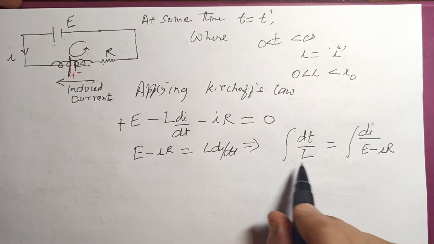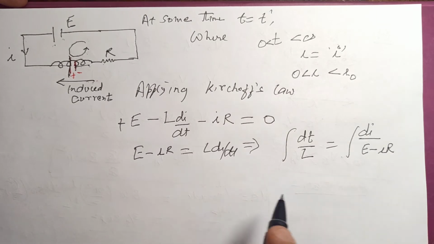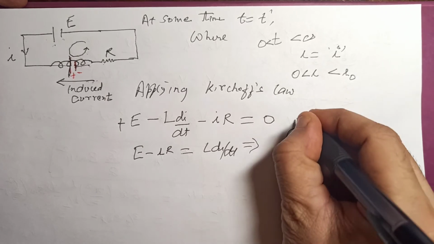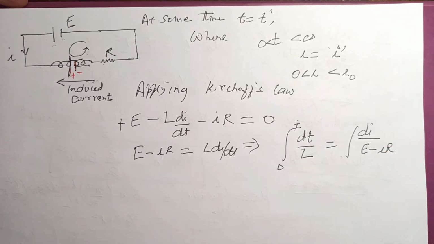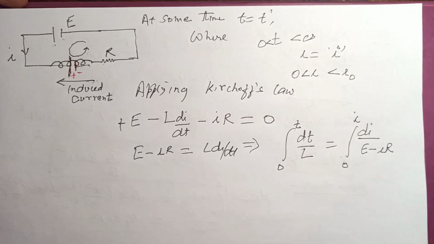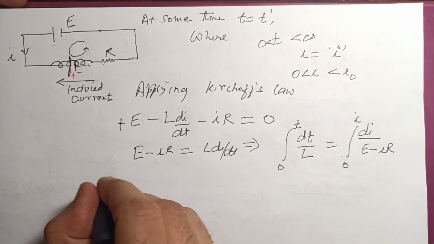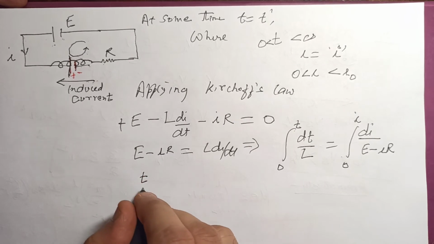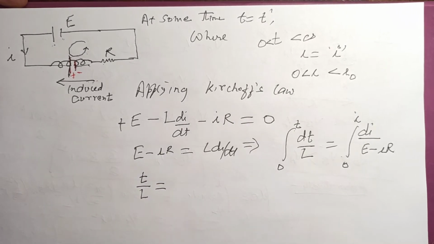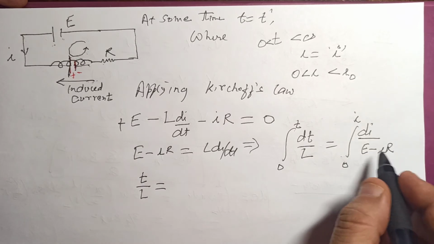Now on the left hand side, let's integrate from 0 to t. Okay, on the right side it is current, so 0 to I.